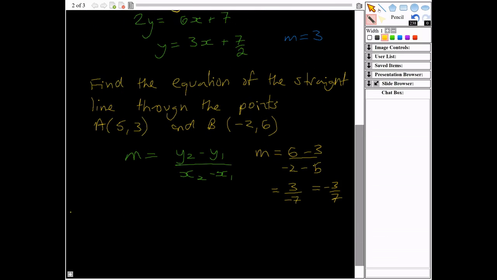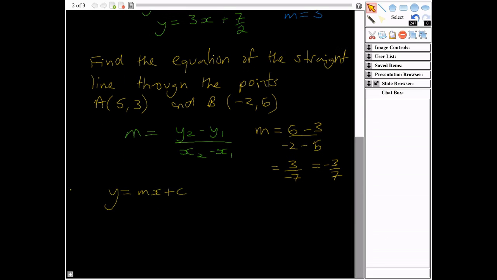Okay, once I know that, I know that the form of my equation is going to be y is equal to mx plus c. I know that my m is -3/7, and to work out what c is I can substitute in either of these 2 points. I could substitute in 5, 3, or I could substitute in -2, 6. Actually I'm going to do this with both just so you can see what happens.